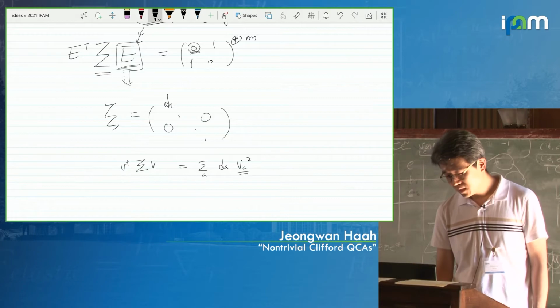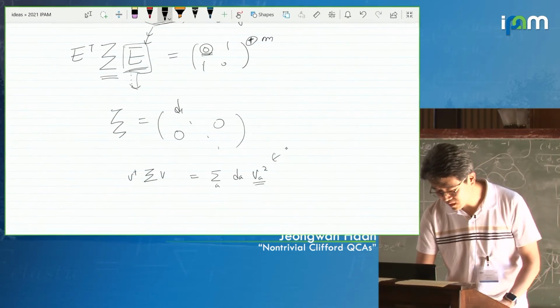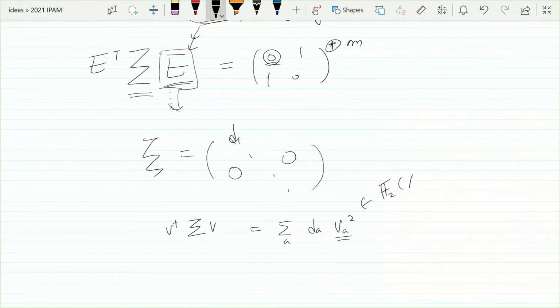But now we are working over characteristic 2, so these elements live in the field of x squared. These elements live in the field of x. But this field as a vector space over that is dimension 2.